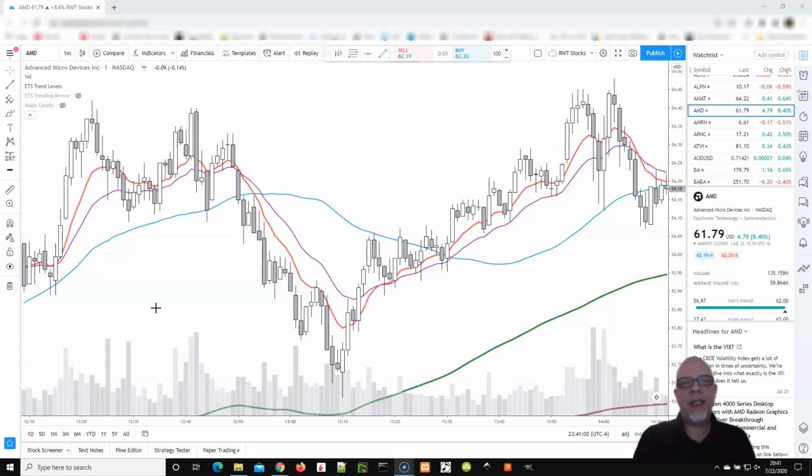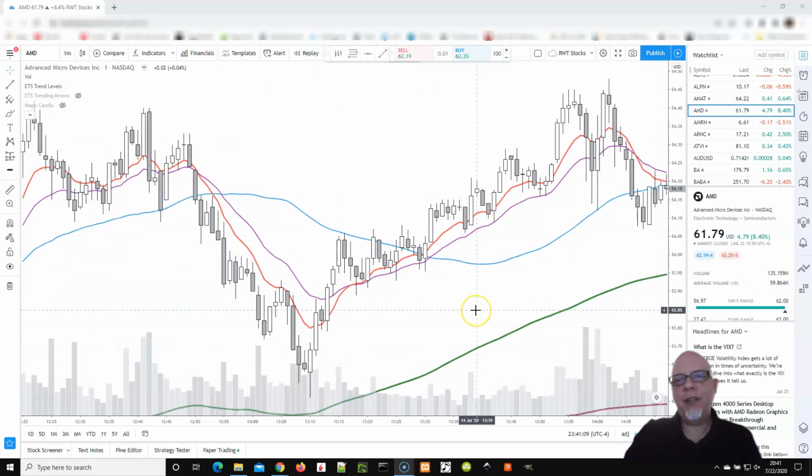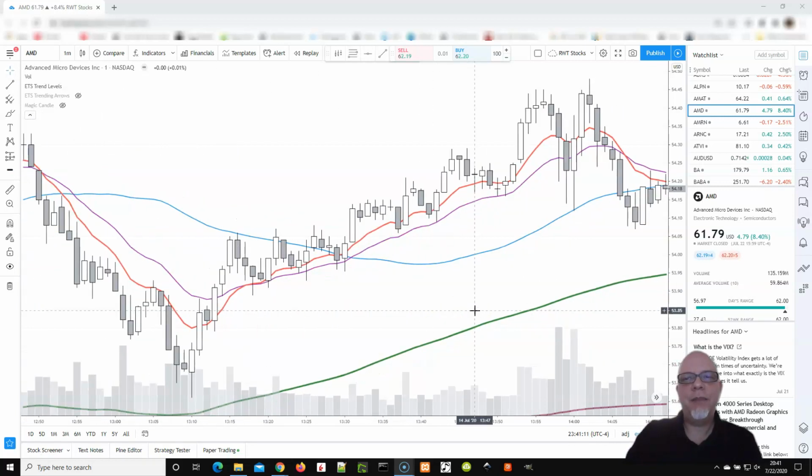So let's start off with the bird's nest because it's pretty straightforward, and I think you'll be able to visualize that easily as well. What we're looking for is basically a little nest, so to speak.